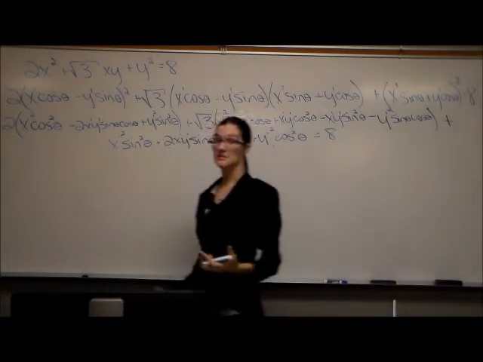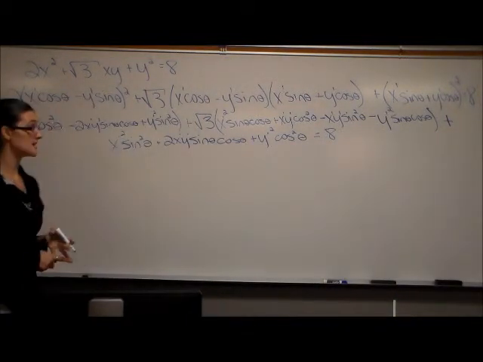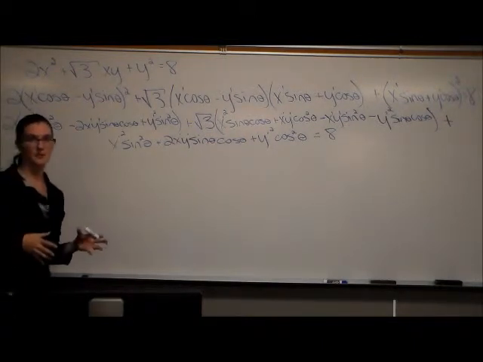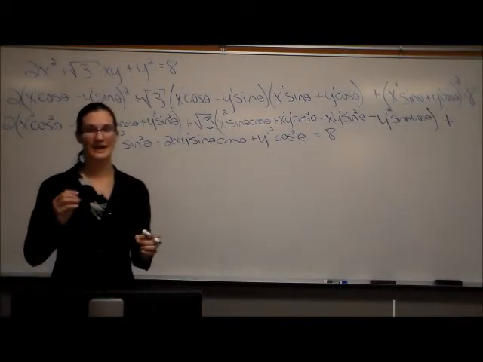We're still not done simplifying. We've got to distribute the 2, we've got to distribute the root 3. Then we can start organizing and getting things down to a more condensed format. We're not ready to condense it down quite yet.